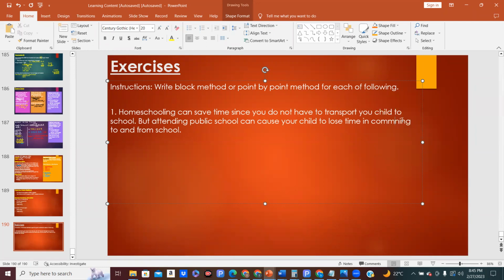Commuting. So is that the block method or the point by point method? You know what I mean?